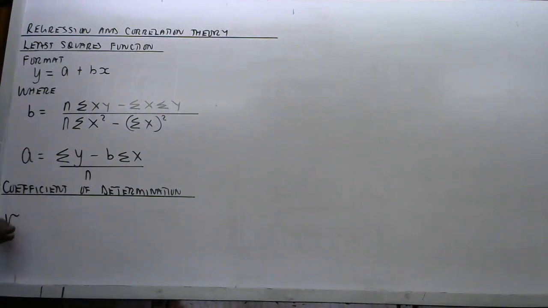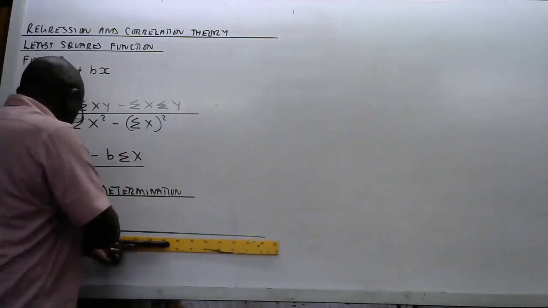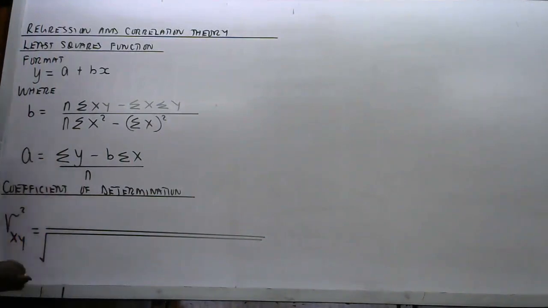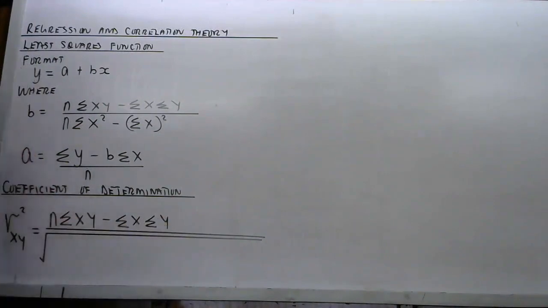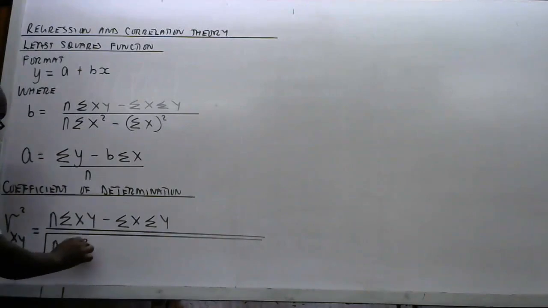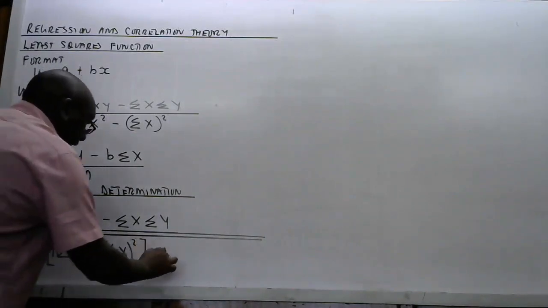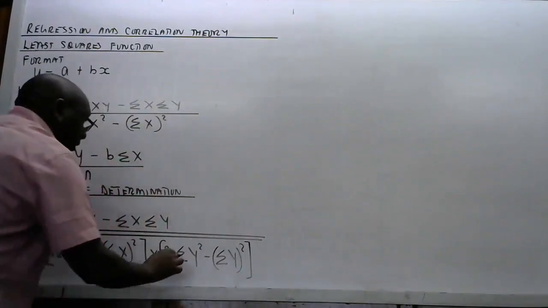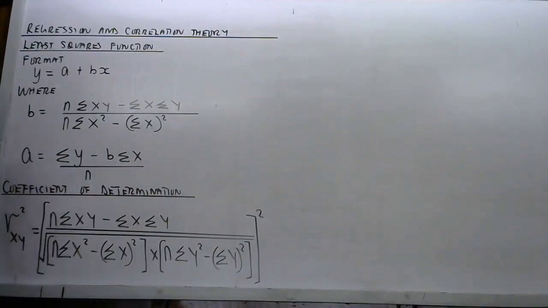And this coefficient of determination, r squared between x and y, is given as n sum of xy minus sum of x sum of y, you divide by n sum of x squared minus sum of x squared, you put that in brackets, then times n sum of y squared minus sum of y squared. Then the whole of this you will square.